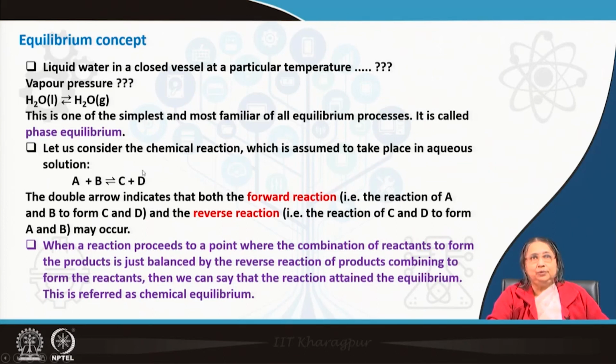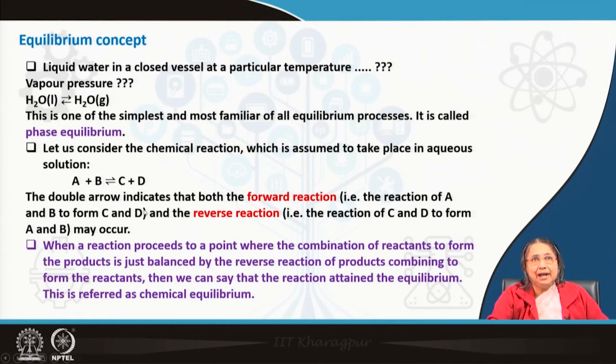For chemical equilibrium, we have to consider a chemical reaction. For example, the simplest reaction is considered here: A plus B, with a molar ratio of 1:1, is converted to C and D. Here also the molar ratio is 1:1, and you can see the double arrow is there.